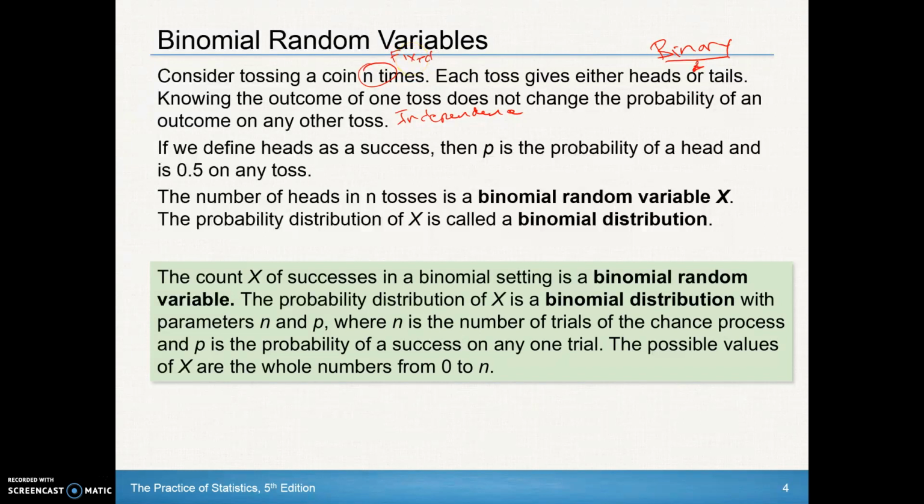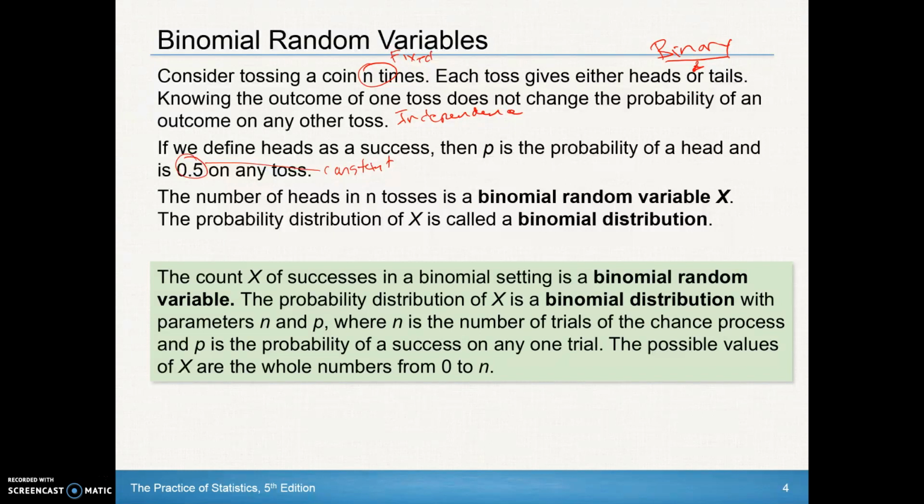Somebody will tell us how many we're going to do. And then if we define heads as success, then p, the probability of a head, is 0.05 on any toss. This success probability is constant throughout, no matter when I flip the coin. So the number of heads in n tosses is a binomial random variable X. The probability distribution of this is called a binomial distribution.